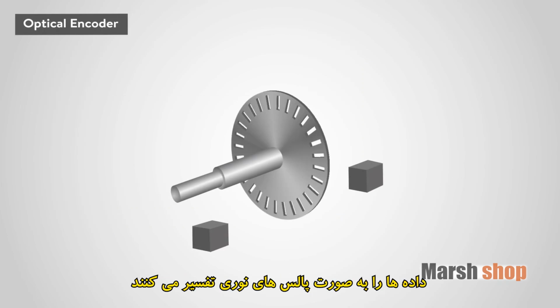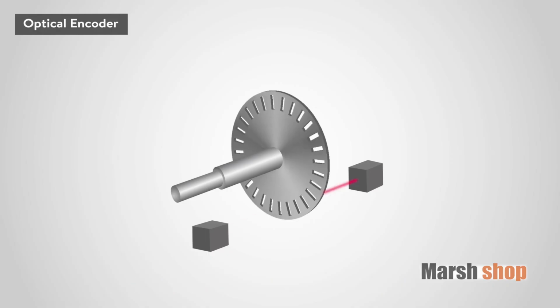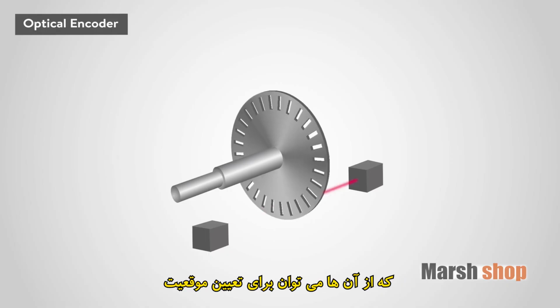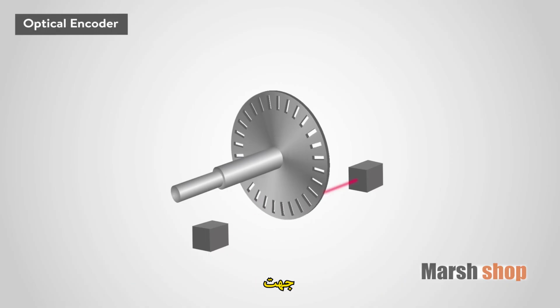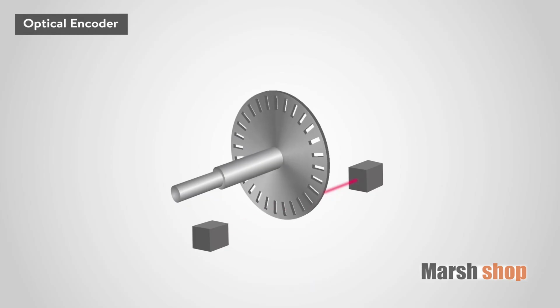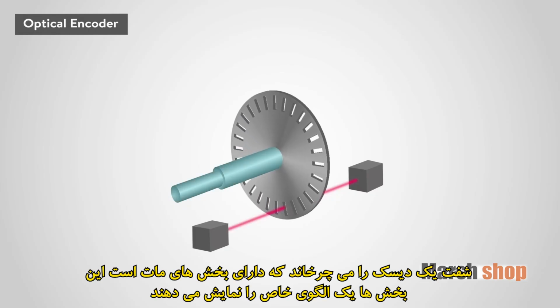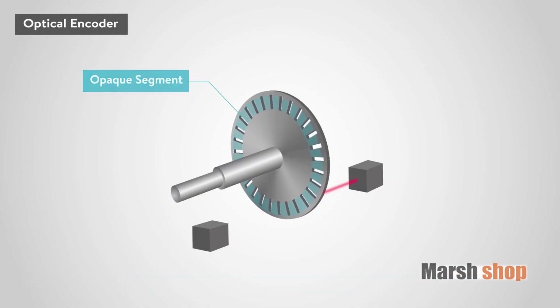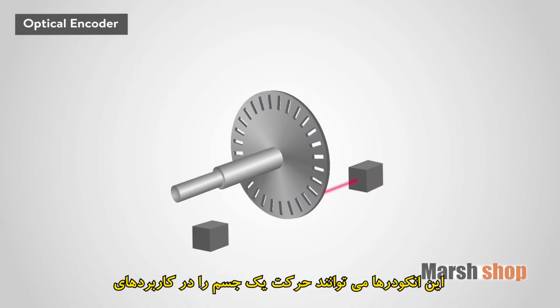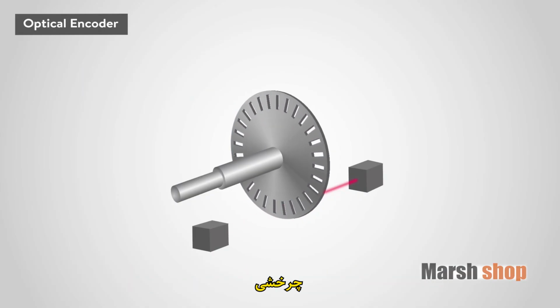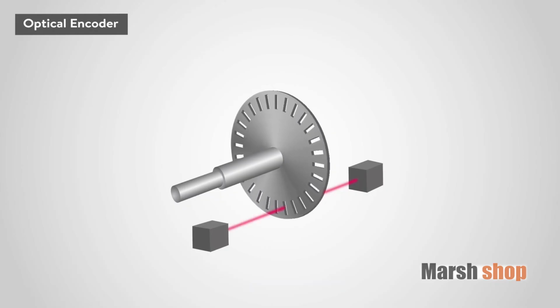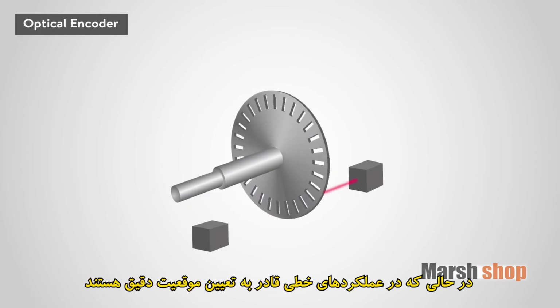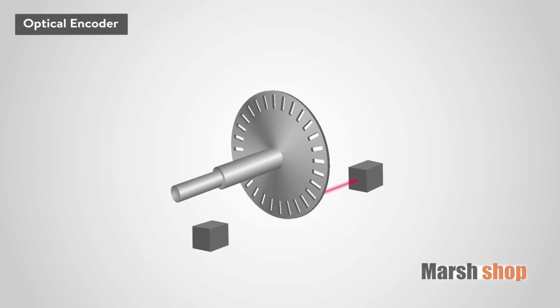Optical encoders interpret data in pulses of light, which can then be used to determine such things as position, direction, and velocity. The shaft rotates a disc with opaque segments that represent a particular pattern. These encoders can determine movement of an object for rotary or shaft applications, while determining exact position in linear functions.